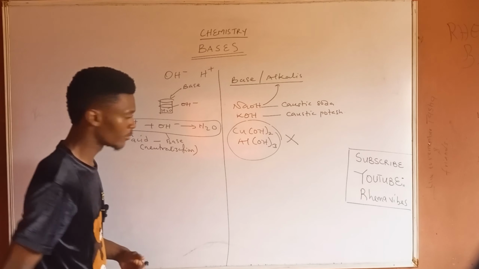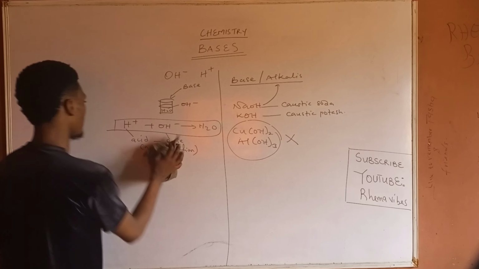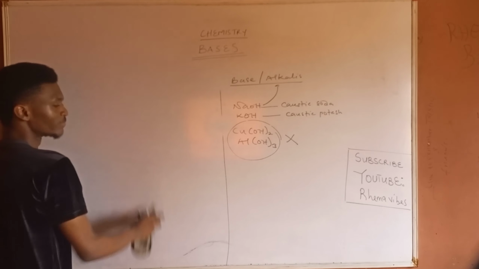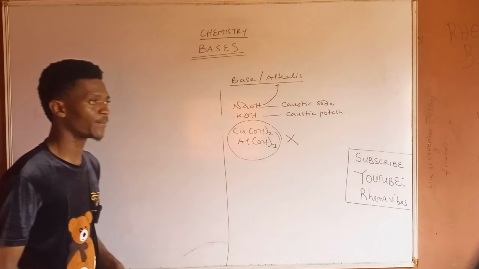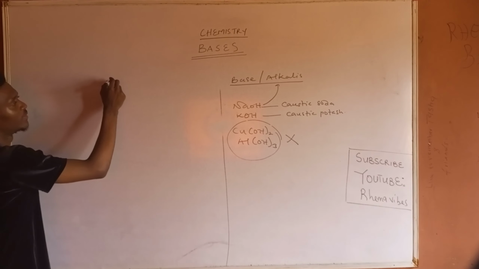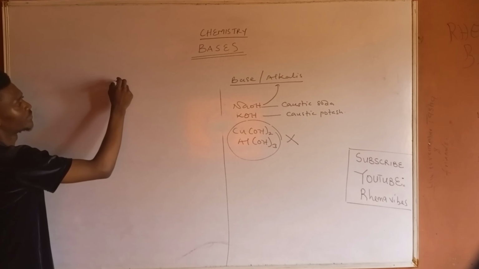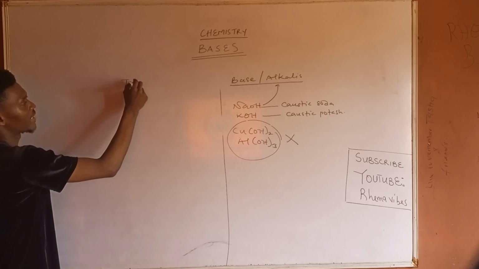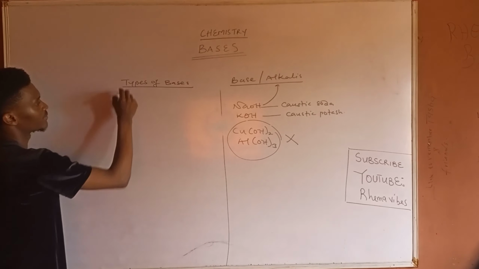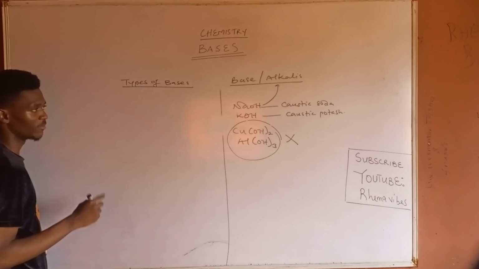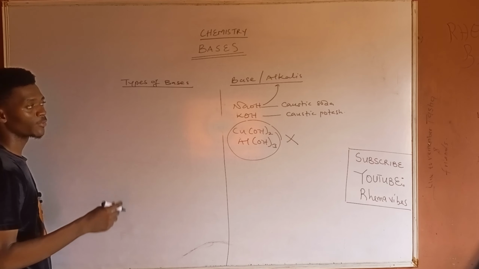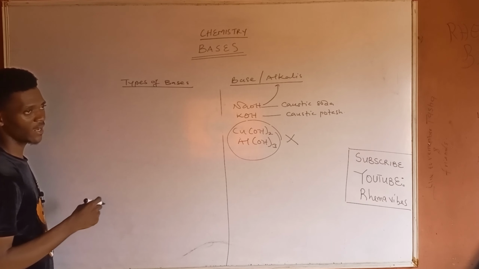All right, now looking at some of the reactions that bases undergo. Now we have different types of bases. Looking at the types of bases, remember according to Svante Arrhenius, he said that bases are substances that, when dissolved in water, produce hydroxide ion.